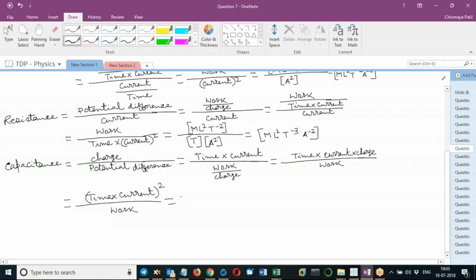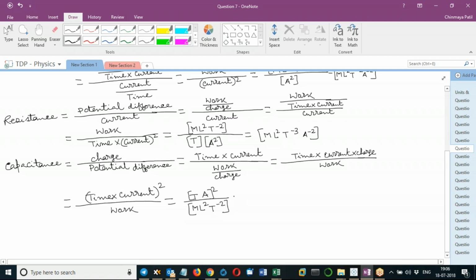Now time into current, what is time? Time is t and current is A, so t into A whole square divided by work. Work we know is M L square t power minus 2.